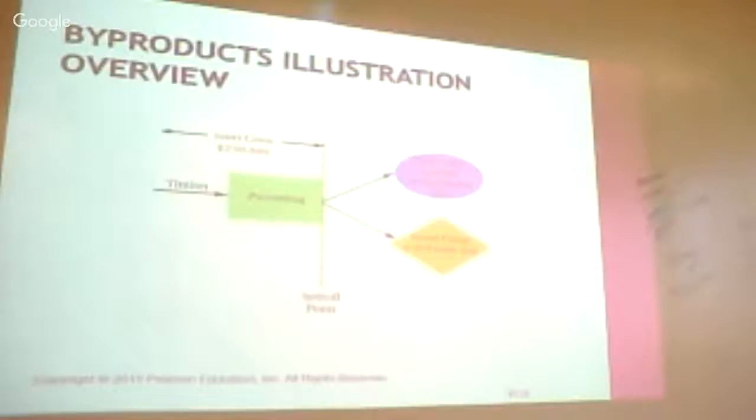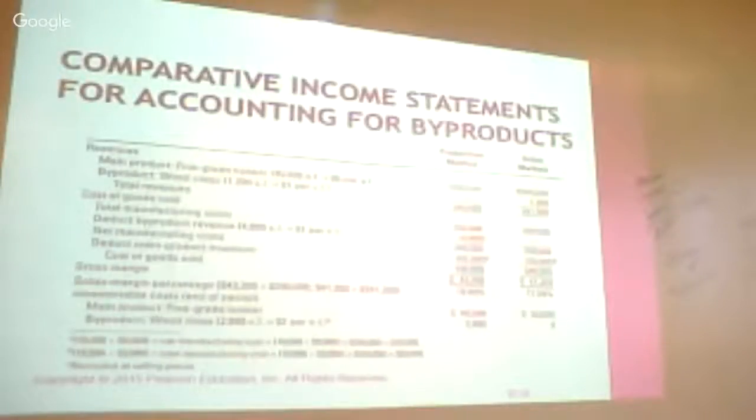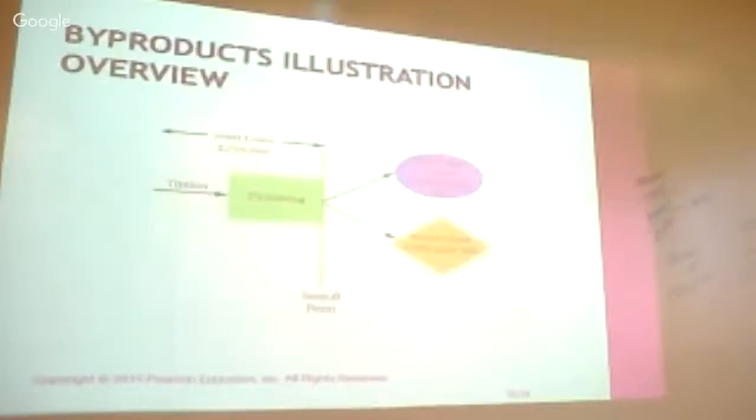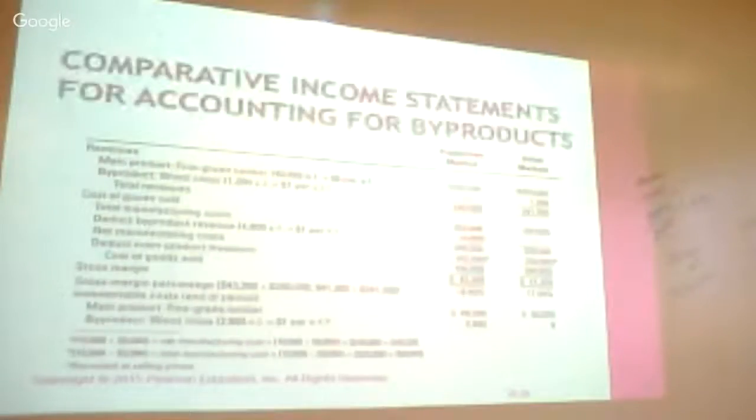All the dust and chips come off. So that would be a byproduct. If we do the production method, we have revenues of 40,000 board feet at $6 per board foot. That's what we sold.